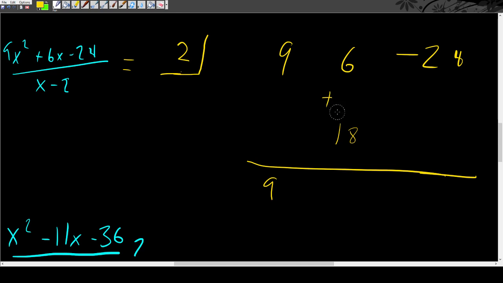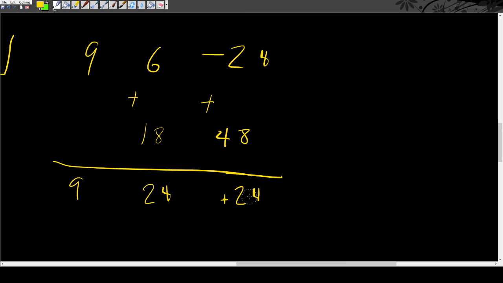We add these two, we get 24, and then we do the same thing. We multiply 24 by 2, so we get 48. Then we add these two, and we get positive 24. So you're probably thinking to yourself, okay, polynomial long division, probably 20 more steps.